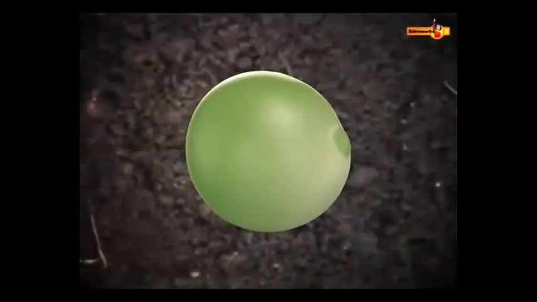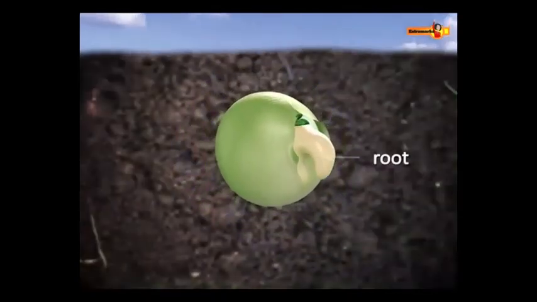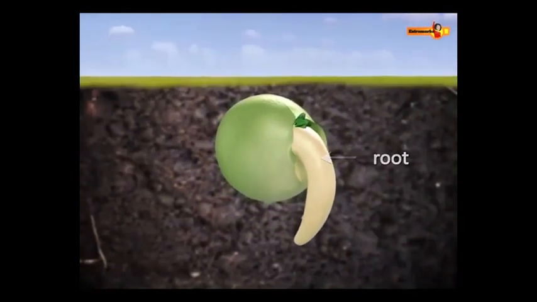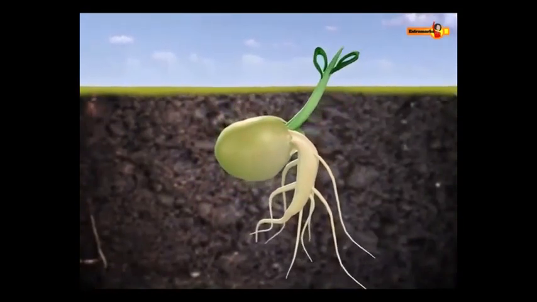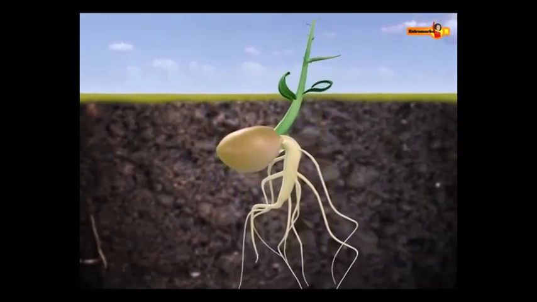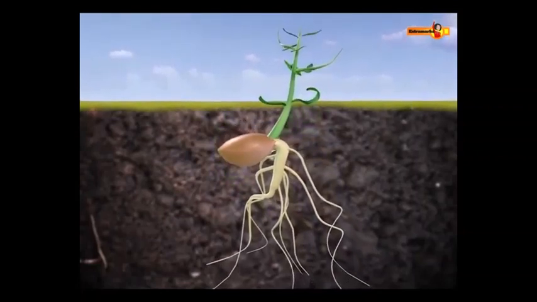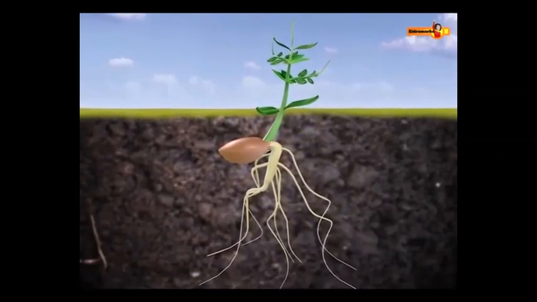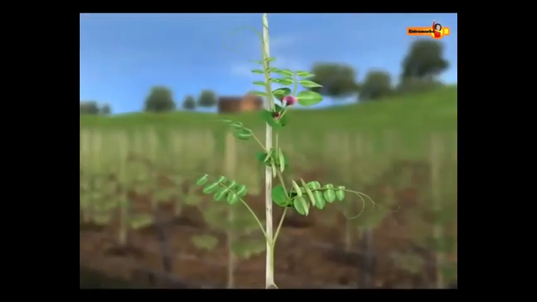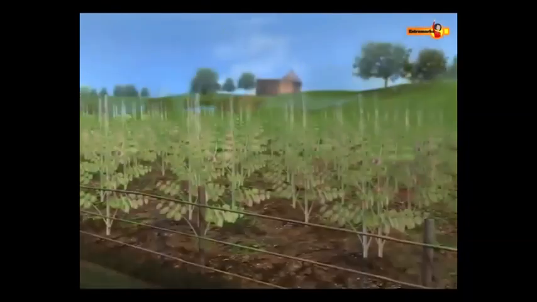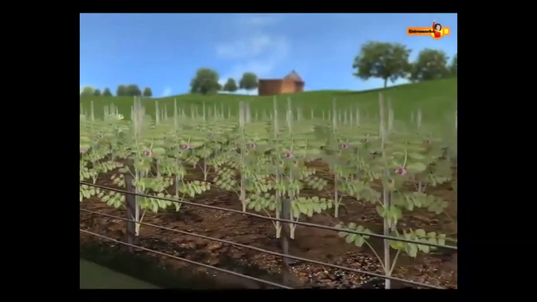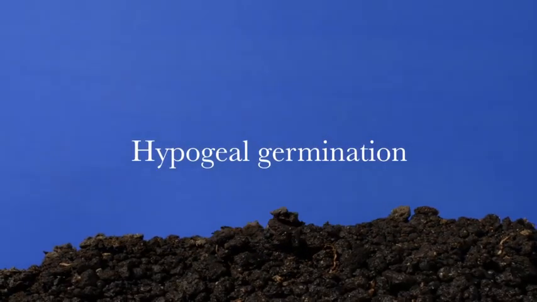First, the root appears, and later the shoot. After the leaves appear and the young plant can absorb food, the cotyledons fall off. The tiny plant comes out of the soil where it will be able to get sunlight to obtain energy for performing photosynthesis. Let's move to hypogeal seed germination.